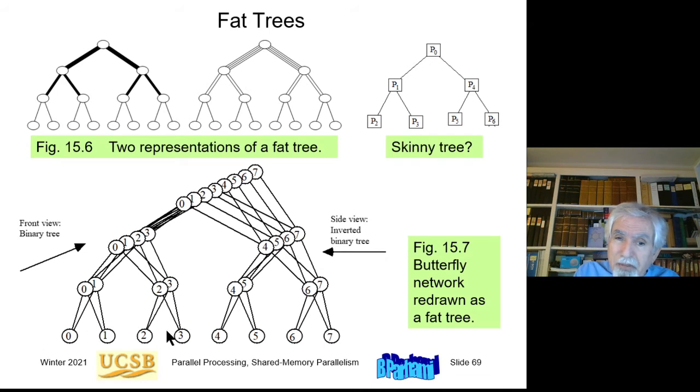Imagine these 8 nodes. Just turn this diagram so that these 8 nodes go to the left edge. These 8 nodes go to the right edge, and this becomes exactly the butterfly network. So another way to view the butterfly network is basically to consider it a practical implementation of a fat tree network.